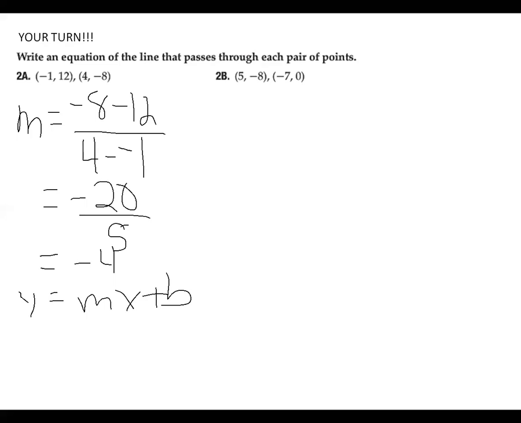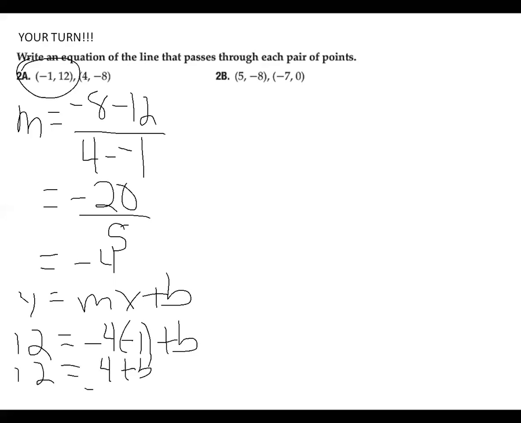I'm going to use the first point, so 12 equals negative 4 times negative 1 plus b. So you'd have 12 equals 4 plus b. Subtract 4, and you have b equals 8. So your equation is y equals negative 4x plus 8.